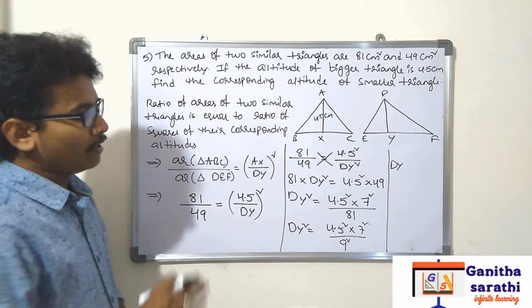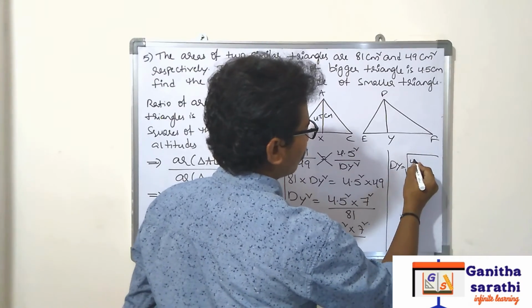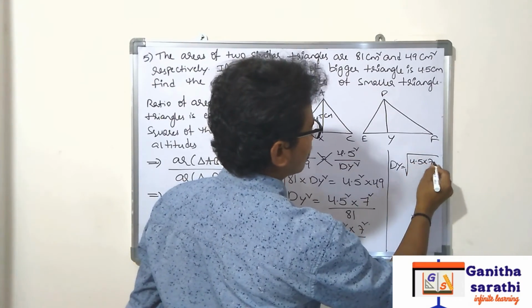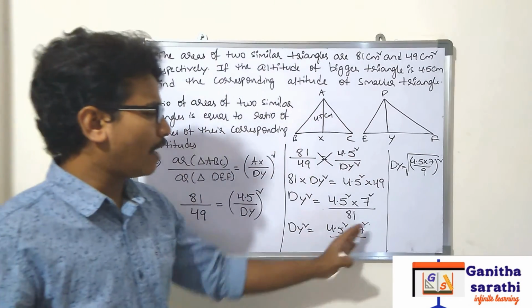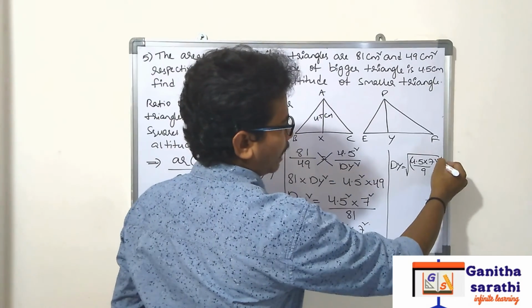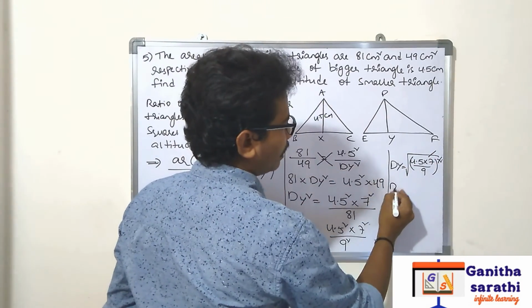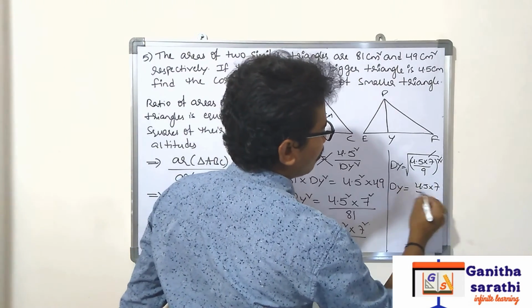Now this square will be coming to the right hand side. What will become? Square root, right? So now DY is equal to root of (4.5 into 7 by 9) whole square. Can you write? Yes, because total value is in whole square, so you can take whole square as the common part. So you can cancel square and square root. DY is equal to 4.5 into 7 by 9.